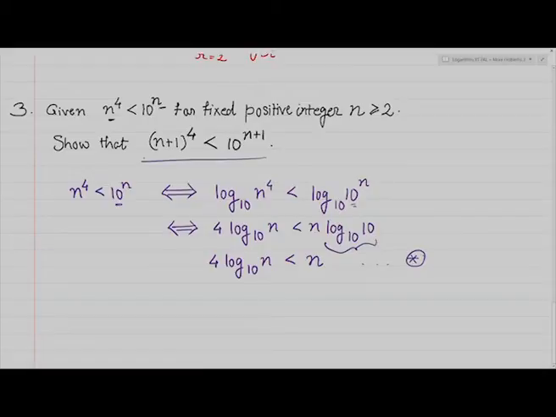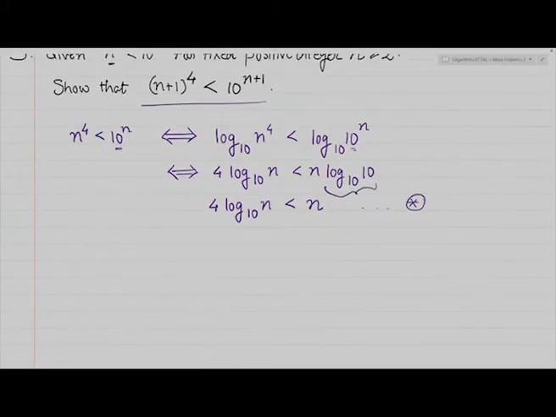Now, what am I asked to show? This thing. So how will I simplify this? Let us take the ratio n plus 1 raised to 4 upon 10 raised to n plus 1. If I want to prove this, then it is equivalent to showing that this quantity is less than 1.